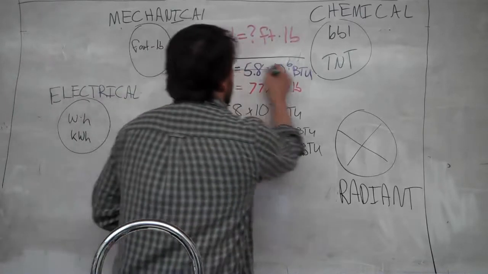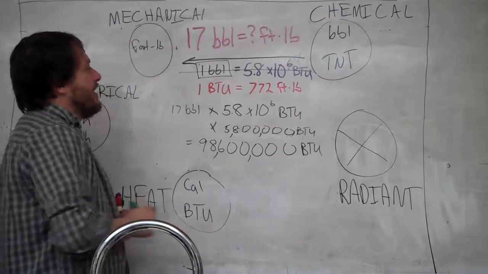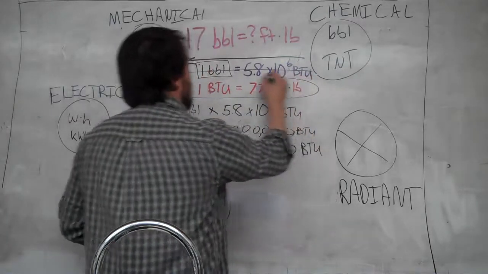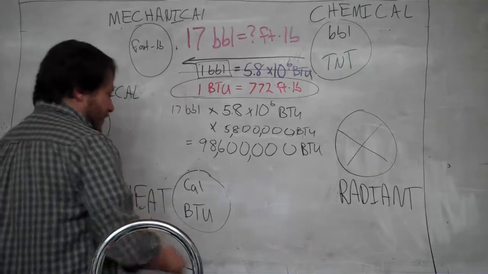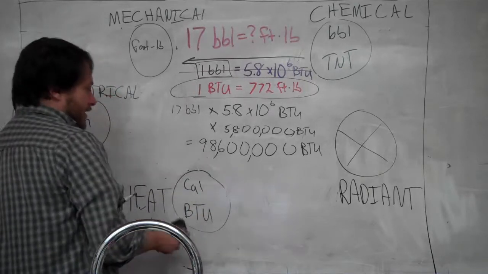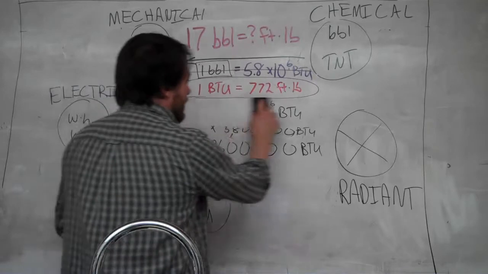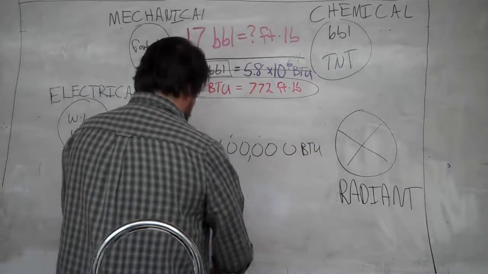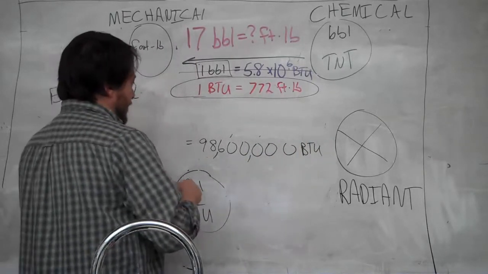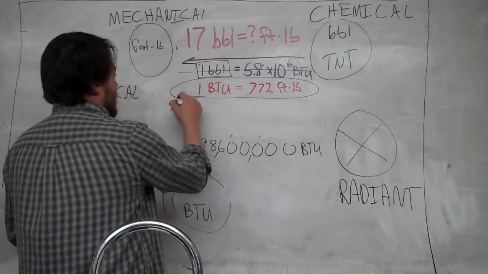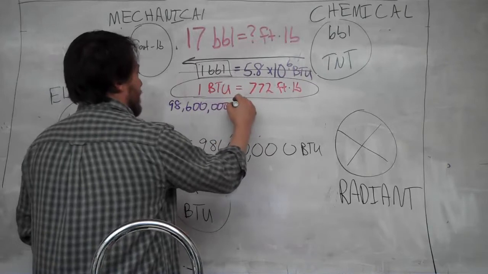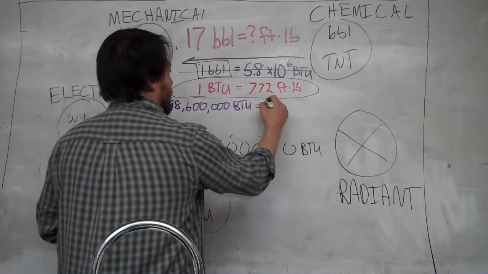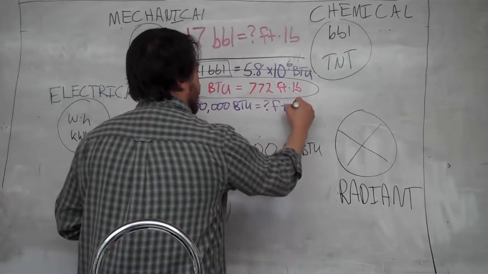We went from barrels of oil to BTU, and now we have to do this part where we go from BTU to foot-pounds. So I'm going to erase this and put this number up here. That means we have 98,600,000 BTU equals how many foot-pounds?